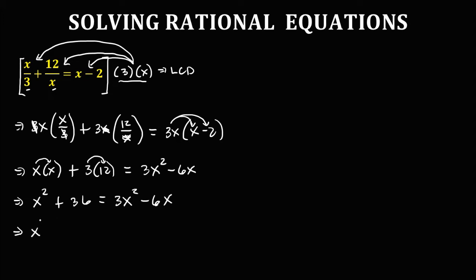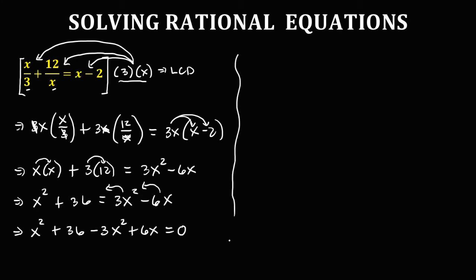So we have x squared plus 36, then transpose this to the left side, so this becomes negative 3x squared. Then transpose this, so this becomes positive 6x, then equals 0.